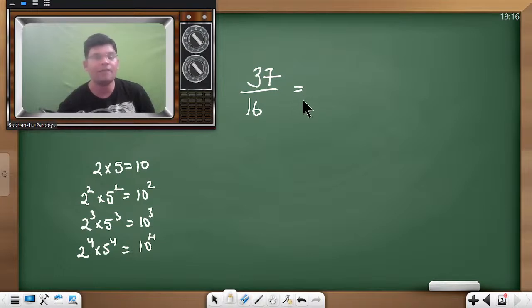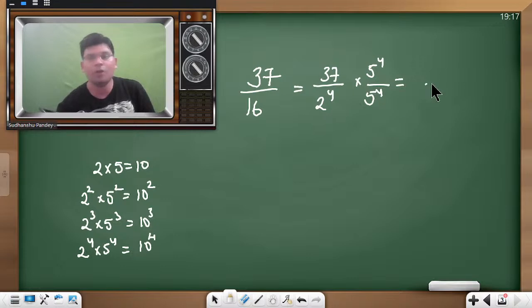So 37 by 16. You should not need to know the table of 16. What you have to do is, you write 37 divided by 2 to the power 4. Now my job is to make this 10 to the power 4. So what do I have to do? I have to multiply this by 5 to the power 4, both up and down.